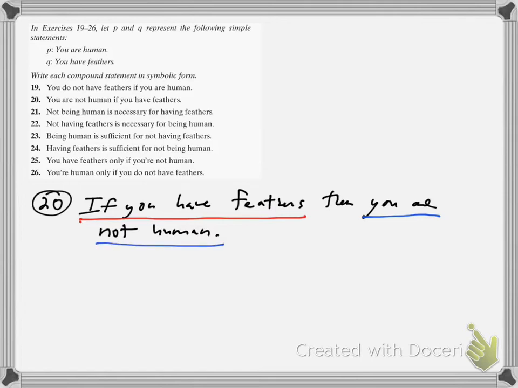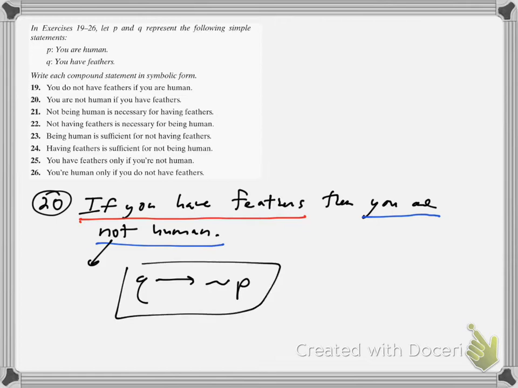So how I'd write that is, first of all, you have feathers is the statement Q, correct? So this would be Q, and then we do the arrow because it's an if then, it's not an if and only if. And you are not human. Well, P is you are human, so wouldn't you are not human be not P? You got to take account for the not. So that's my answer for that one.